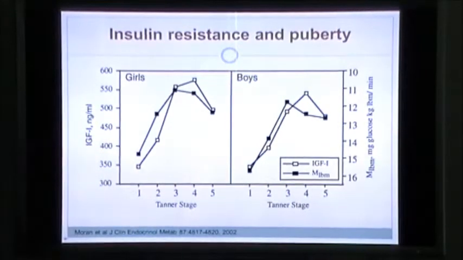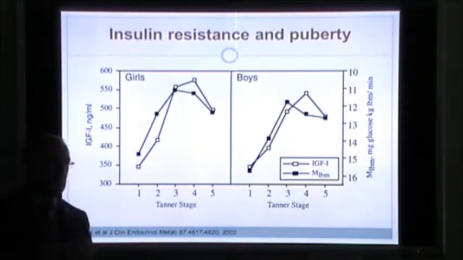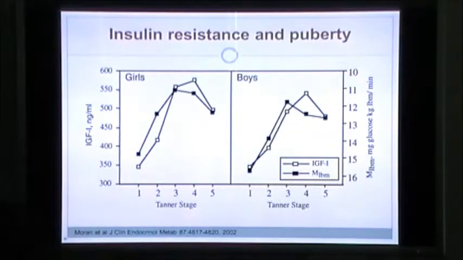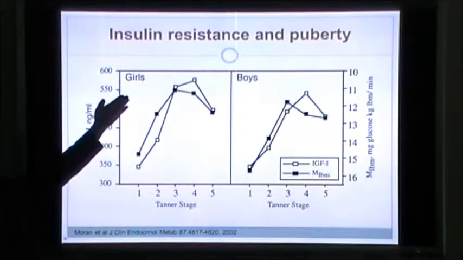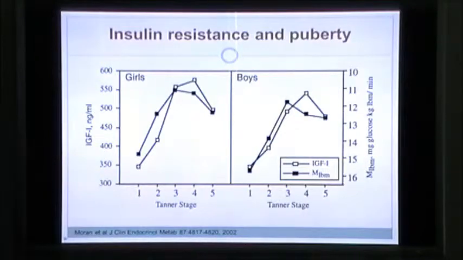So there's an opportunity here for these children to rapidly deteriorate on the insulin sensitivity curve, and perhaps not be able to sufficiently compensate during this period, so their glucose gets worse. But as their sensitivity improves again, they're back up on that curve, and they return to normal glucose tolerance.